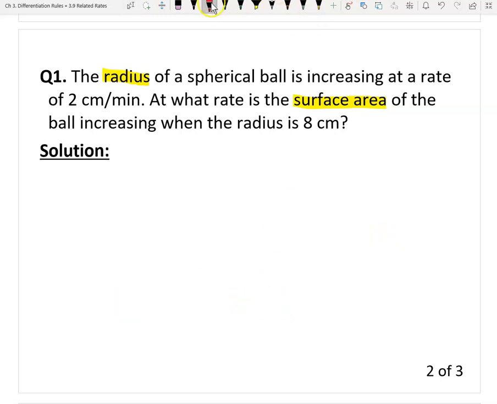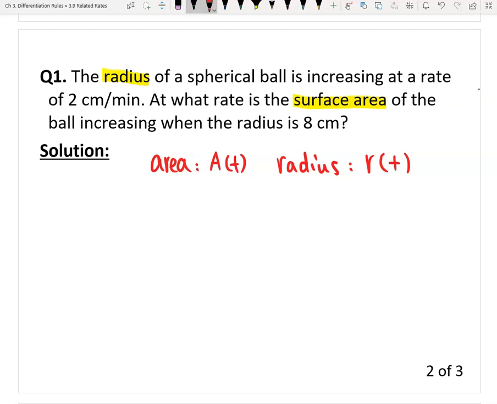Let me set up the model. How to set up the model? First, we need to set up the variables. We have area: A(t), so A is a function of the time t. The second is the radius, which we call r, and r is a function of t.